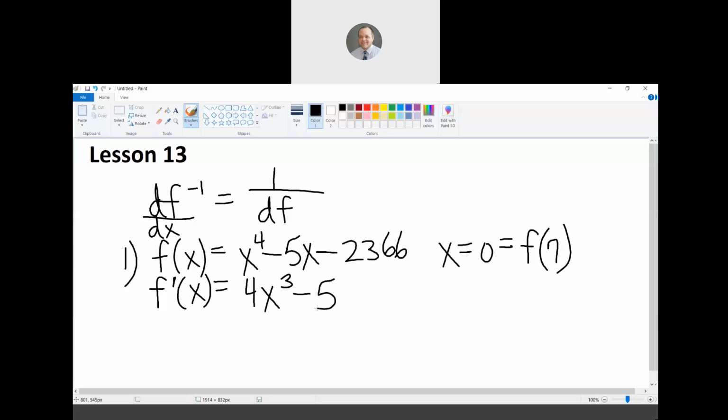Using this simple formula to find the derivative of the inverse, we're just simply taking 1 over our given derivative, or the derivative we just found. So this would be now, following the formula, 1 over 4x cubed minus 5.